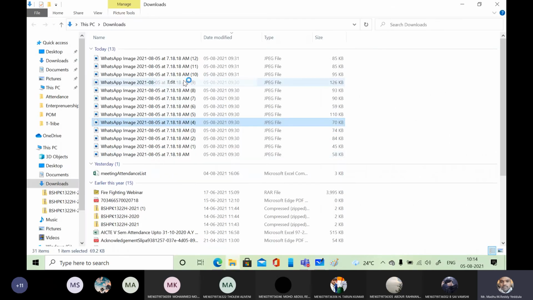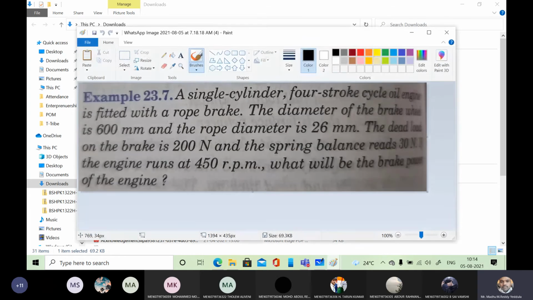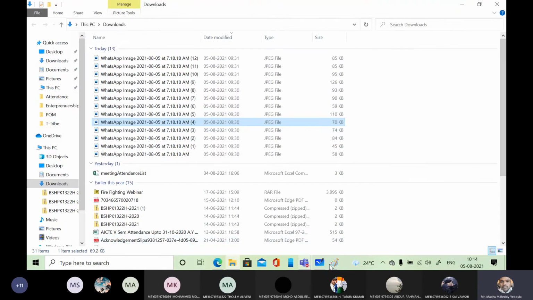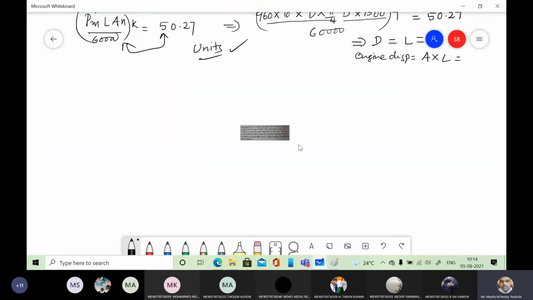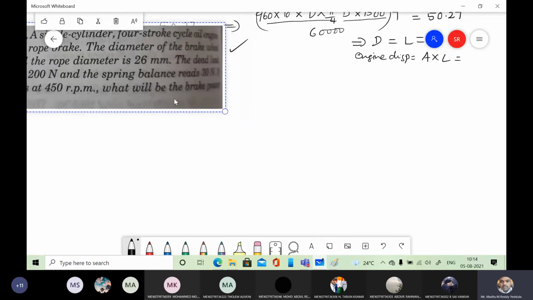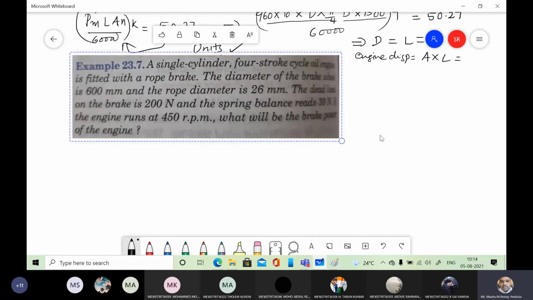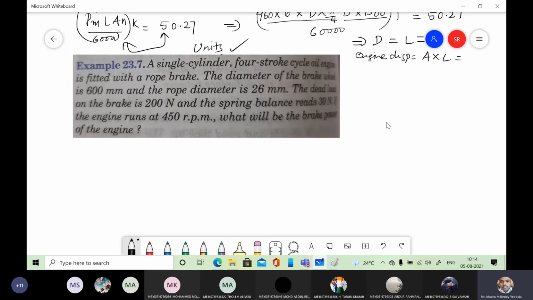Next problem. Is it readable? Yes, sir. A single cylinder 4-stroke cycle oil engine.